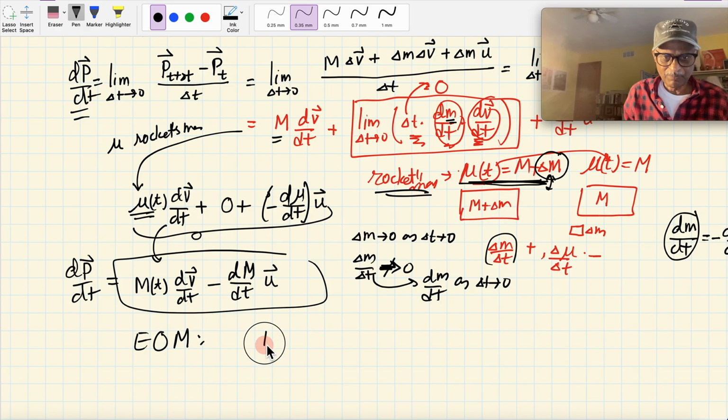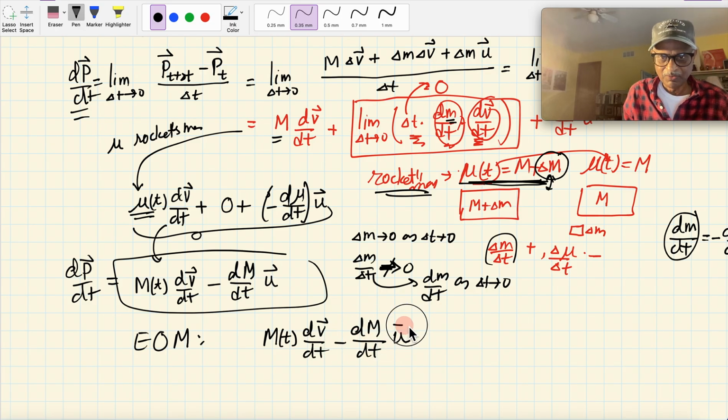It's just m(t) dv/dt minus dm/dt u, and this u is with respect, right? It is a constant, right? So u is a constant rate at which you're burning, assuming it's burning at a constant rate, and it's going back at a constant velocity.